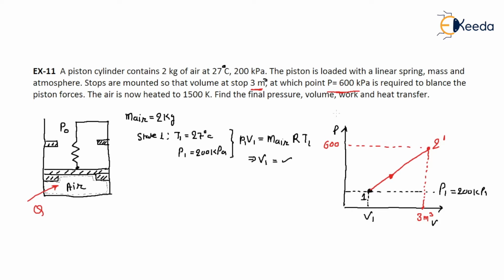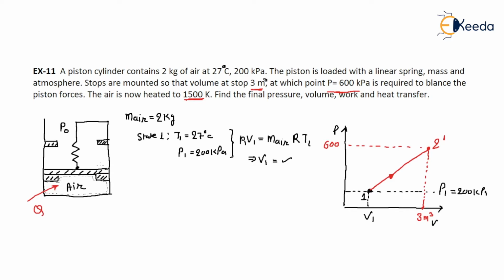But think about that. This is the point where the piston has reached the stop. But if you supply heat up to 1500 Kelvin, will it touch the stop or not?